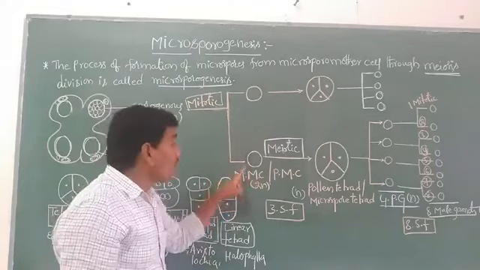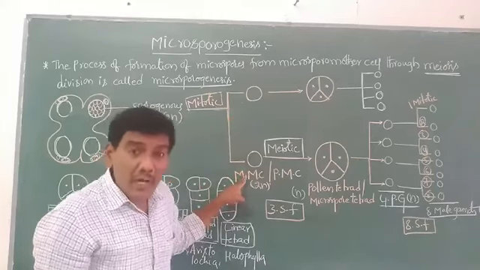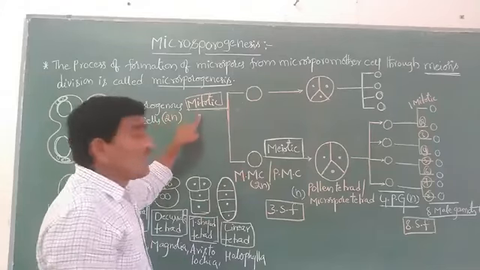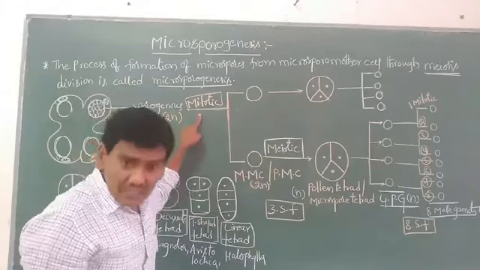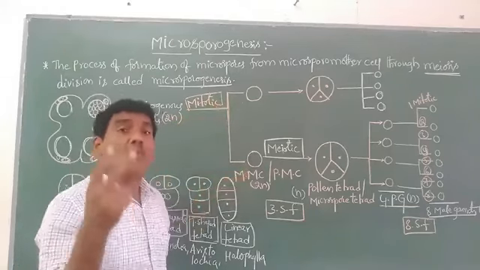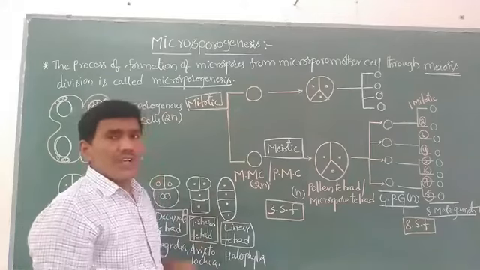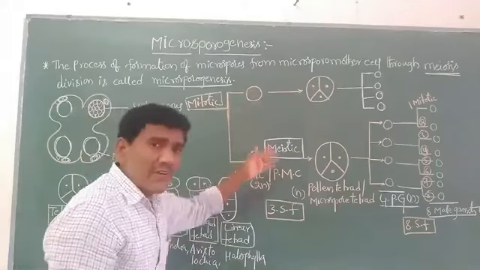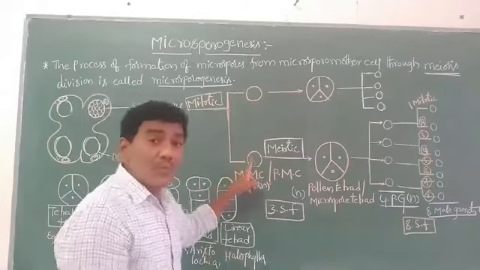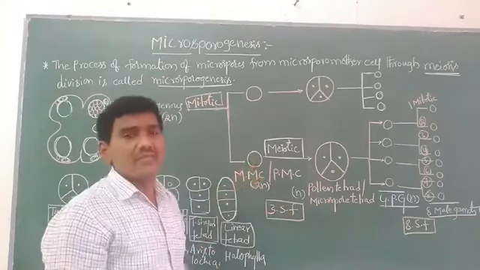The microspore mother cells, or pollen mother cells, develop from the sporogenous cells through mitotic division. How many pollen mother cells are developed? Two pollen mother cells are developed. Here we have discussed only one pollen mother cell, or one microspore mother cell.